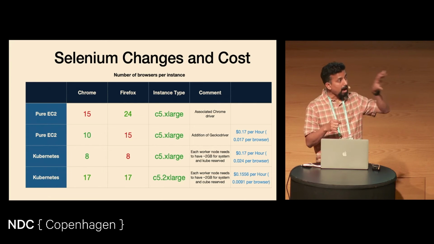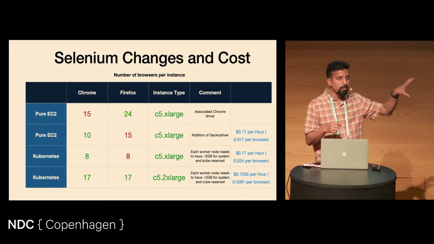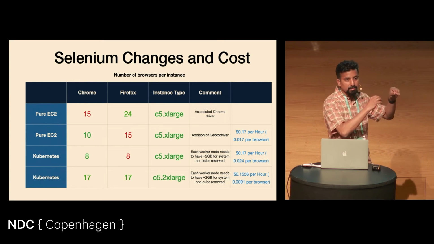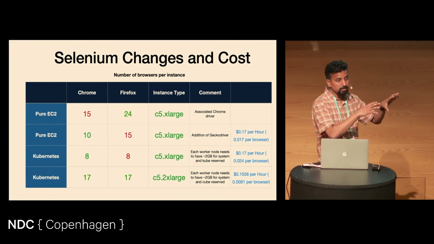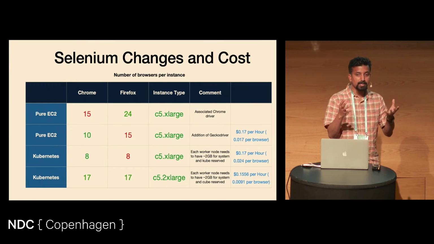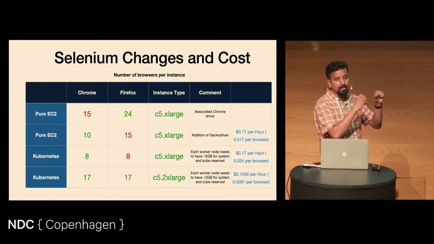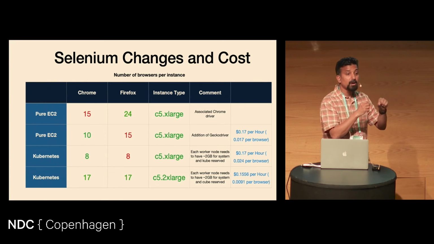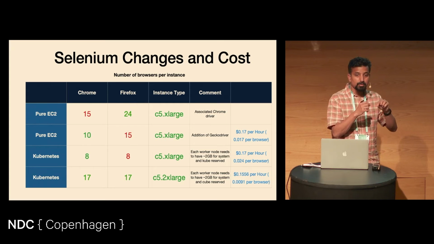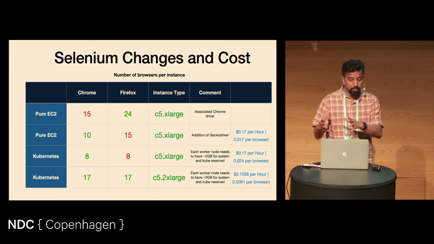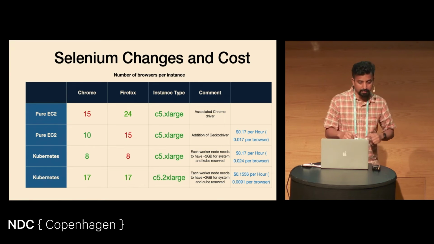I can say I want this browser to have only 400 milliseconds of CPU time. That level of granularity I can allocate to browsers. So imagine you're controlling your resources down to the lowest unit of CPU cycle time or memory. You're using the resources in a brilliant way. Using Kubernetes is very cost effective.